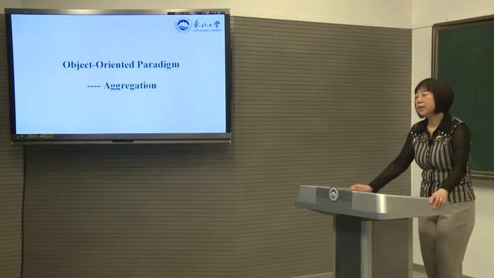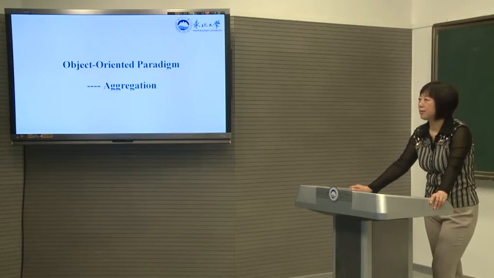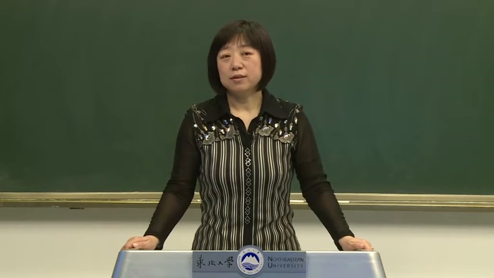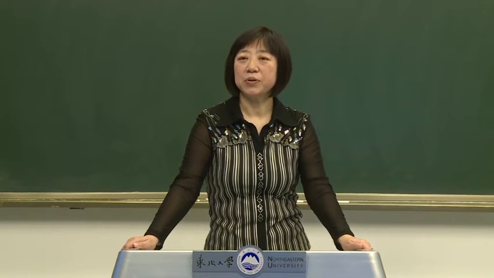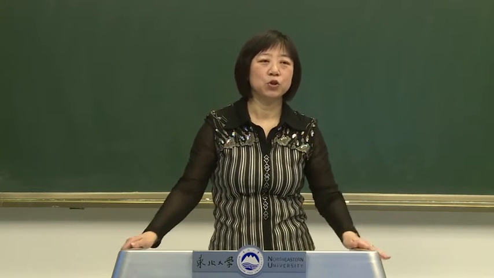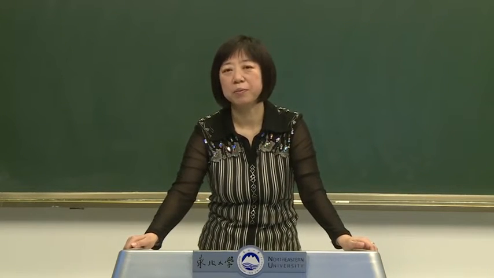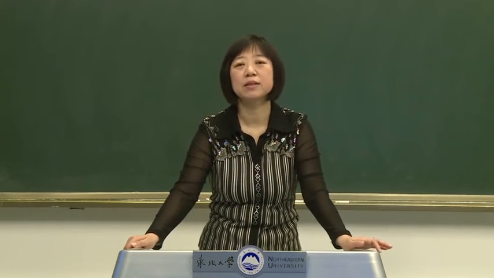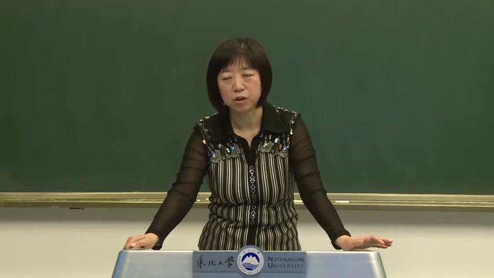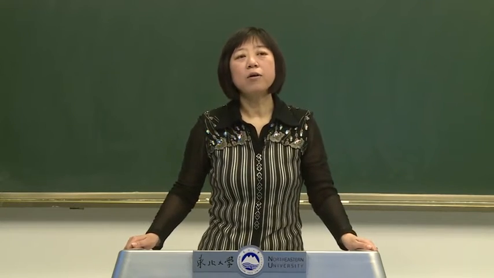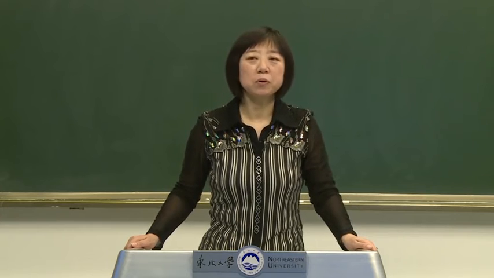Okay, the next important relationship between classes is aggregation. Let's take some example directly. A personal computer. You students major in software engineering, and surely you will do everything, your homework, your experiment, your assignment with your own personal computer. So let's think about how your personal computer is composed of.